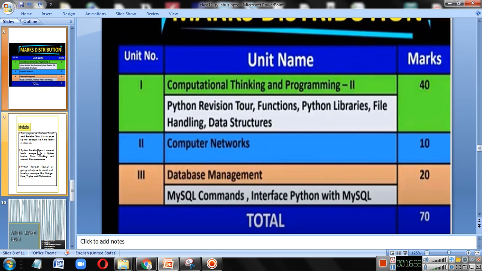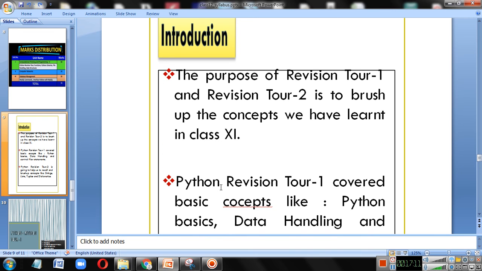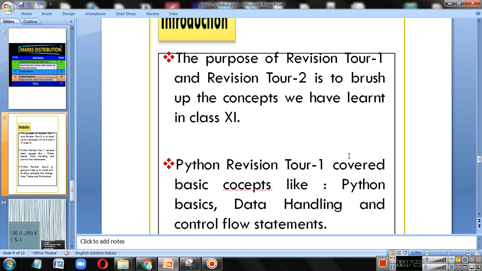Now if we take a list of the units you are going to see in computational thinking and programming, we have two major units initially, revision tour 1 and revision tour 2. As you see on the slide, the purpose of revision tour 1 and 2 is to brush up the concepts we learnt in class 11th.